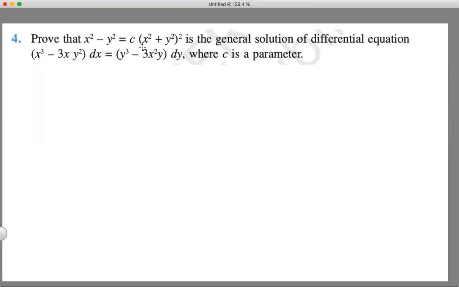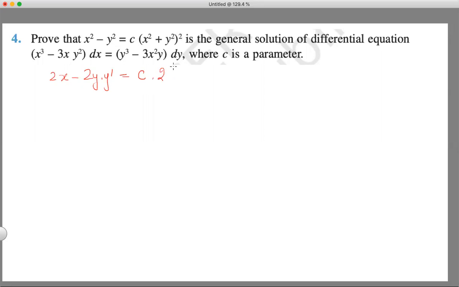क्या करेंगे? सबसे पहले अपनी ओरिजिनल इक्वेशन लेंगे और उसको डिफरेंशिएट कर देंगे, राइट? So we will get 2x minus 2y into y prime is equal to c into... c is a constant, so we don't care. Now we will first differentiate this square, right?